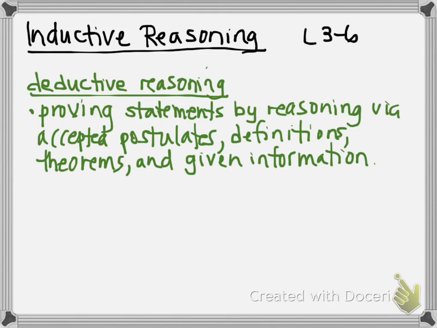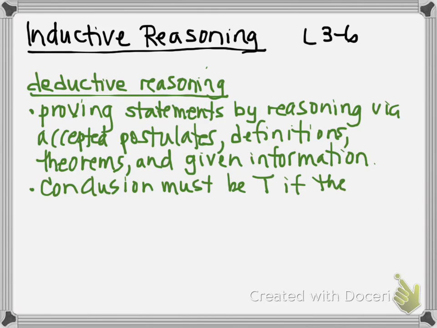Now, with deductive reasoning, the conclusion must be true if the hypothesis is true. That's where we're having breakdown when you guys are working on your proofs, is that your conclusions are false, but it's based on a true hypothesis, because you're going down a path that doesn't make sense.